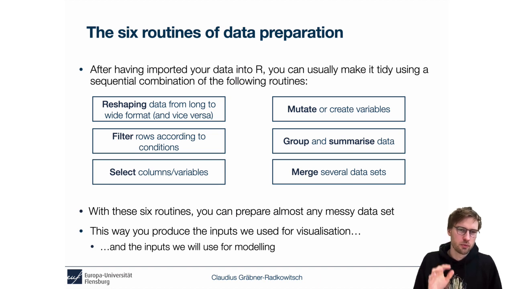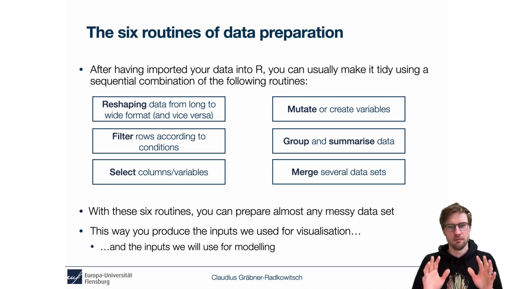And to be honest, once you understand how these routines go, it's going to be very easy for you to just Google around and figure out how you can address the remaining 10% of challenges, which, as I said, in most of the cases do not occur. These 6 routines, and you're actually very good to go to prepare your data. And this will make you much more independent and able to analyze, to visualize, and to actually effectuate all your other data science skills that you acquired in this course. So yeah, let's turn to a practical implementation.